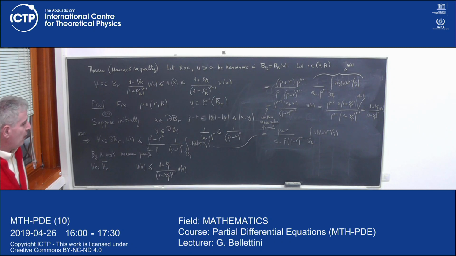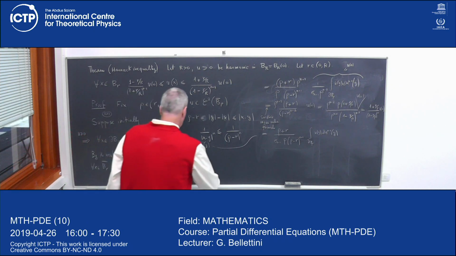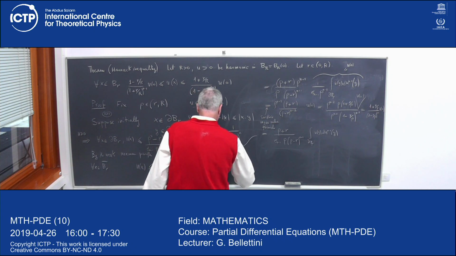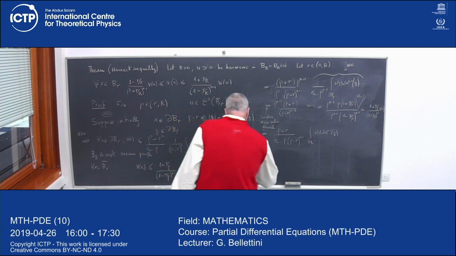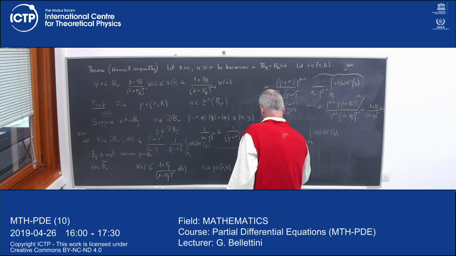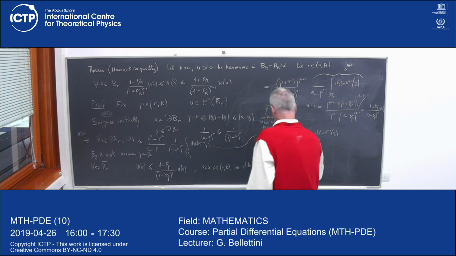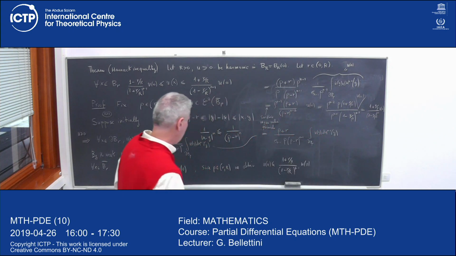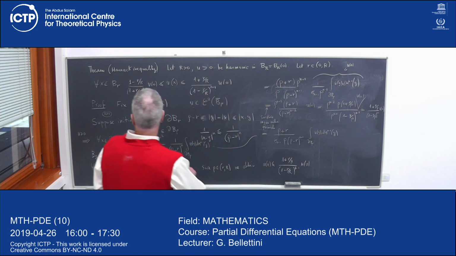Now this rho was arbitrary, smaller than small r, since rho was arbitrary we obtain the inequality for any x in B_r.